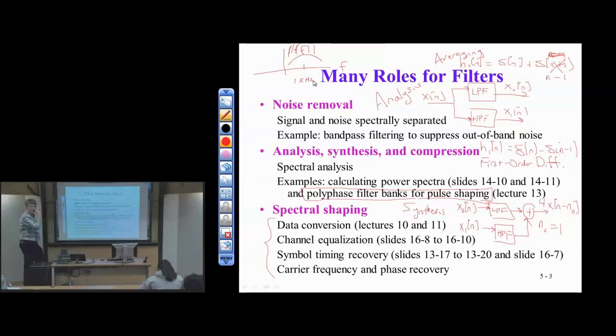That's where we hear the best, our strongest response. So for the band that would contain 1 kilohertz in an audio analysis that we use for compression, we want to put more bits in the 1 kilohertz band. And as we go to higher frequencies, we don't have to use as many bits to encode that band. We don't have as much response in our human auditory system. So that's one idea of compression.